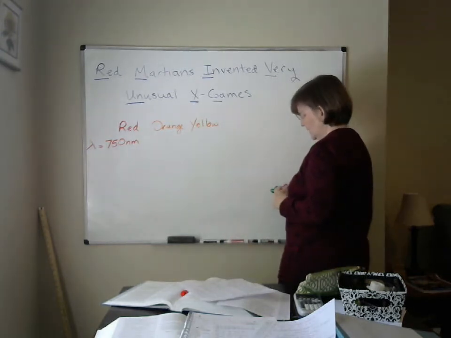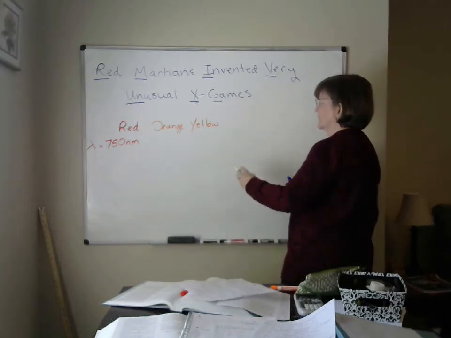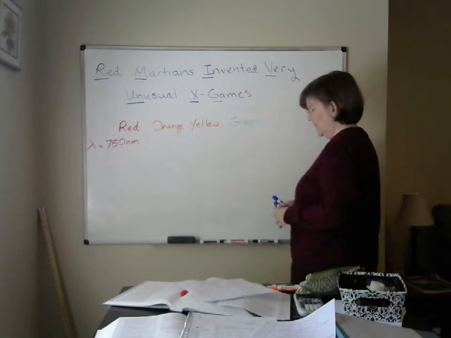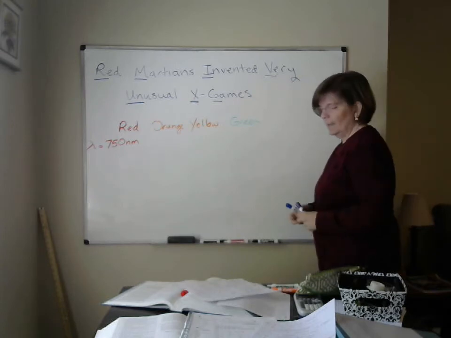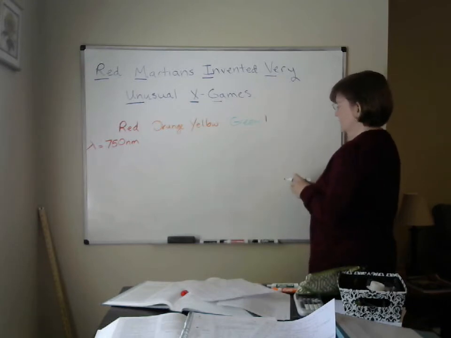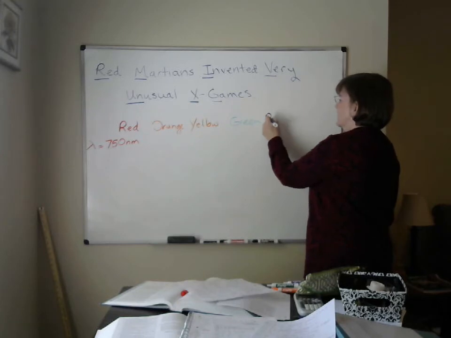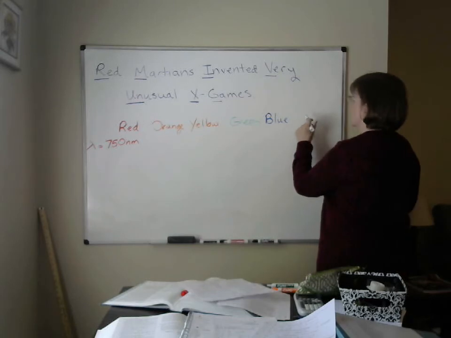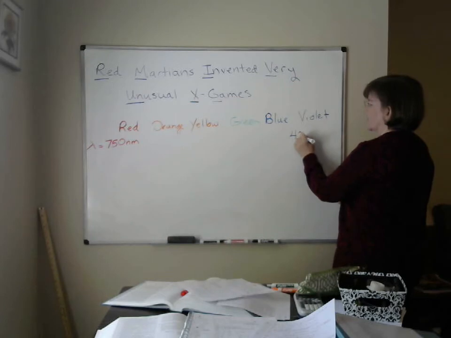My yellow doesn't look yellow. Green. Whoops, that's violet. Let's get to blue first. Blue, and finally violet. By the time you get to violet light, the wavelength is 400 nanometers.